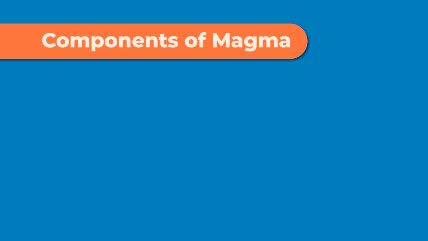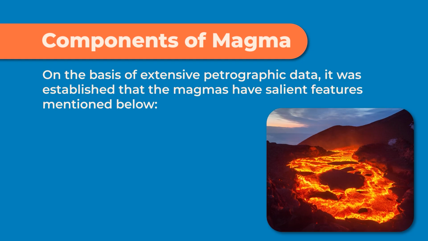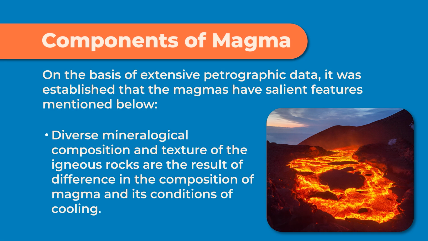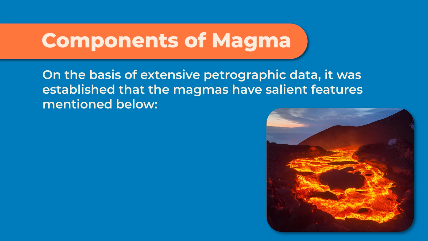Now let us talk about the composition of the magma. Based on extensive petrographic data, it is established that magma comprises diverse mineralogical composition, and you get diverse textures. This diverse mineralogy and texture is the result of difference in the composition of the magma and the conditions of cooling.